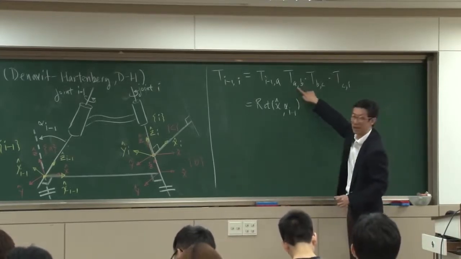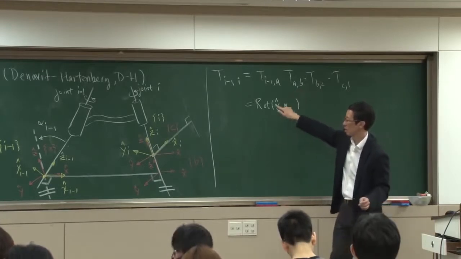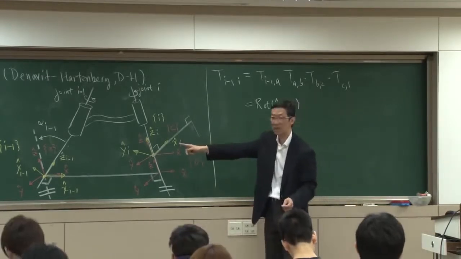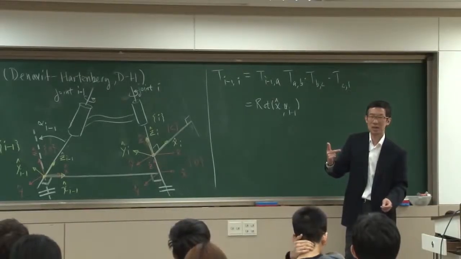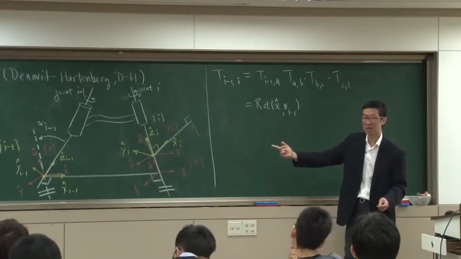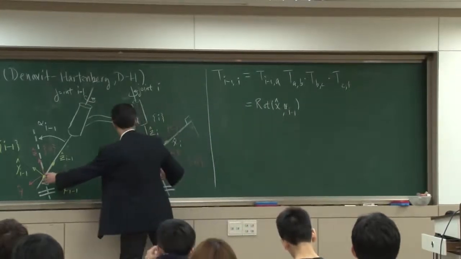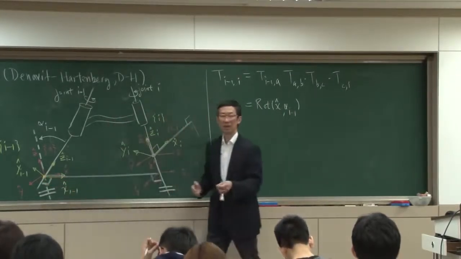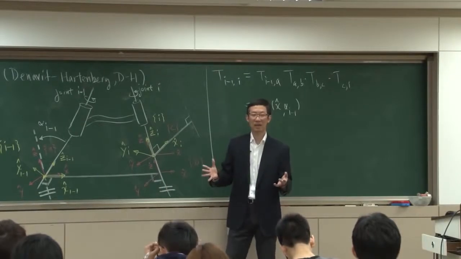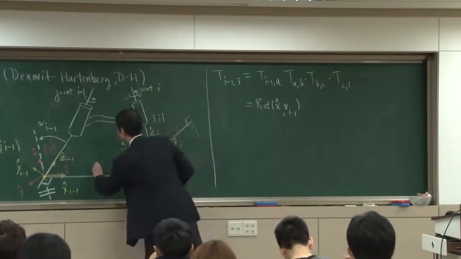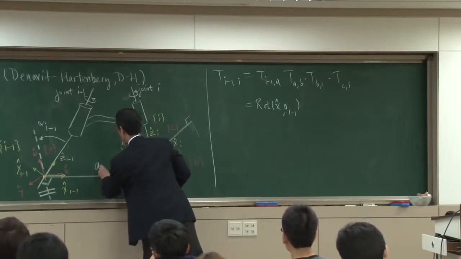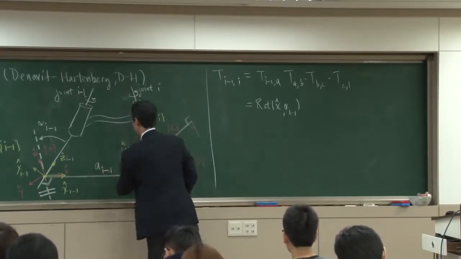Now T A to B. So now we want to go from A to B. The orientation is the same. But now we've moved in the x direction by how much? By this length. So we need to know the length. Let's call it a sub I minus 1.